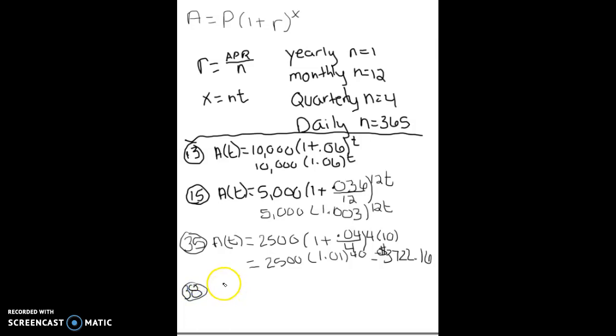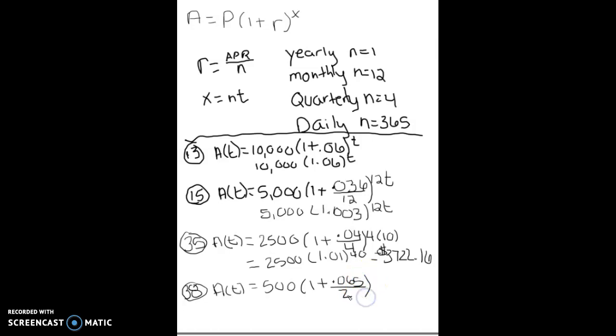All right, 38 is the last one. So this one was $500 on a semi-annual. Okay, I didn't talk about that one up here. Semi-annual is twice a year, 2 times a year. You might want to add that to your notes. Semi-annual. So you're starting with $500 and you've got 1 plus, now this rate is 0.065 because it's 6.5% semi-annually, so it's happening twice a year.